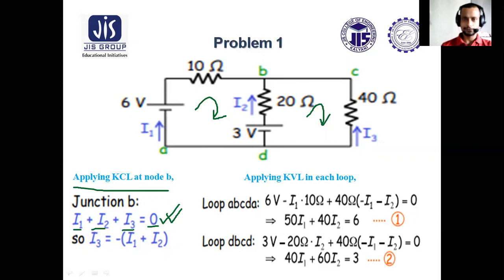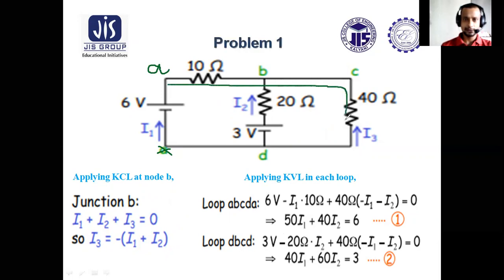So here KVL is applied in the A, B, C, D, A loop. That means this A node. So here we are applying KVL in the A, B, C, D, A loop. So KVL is applied in the outer loop here.